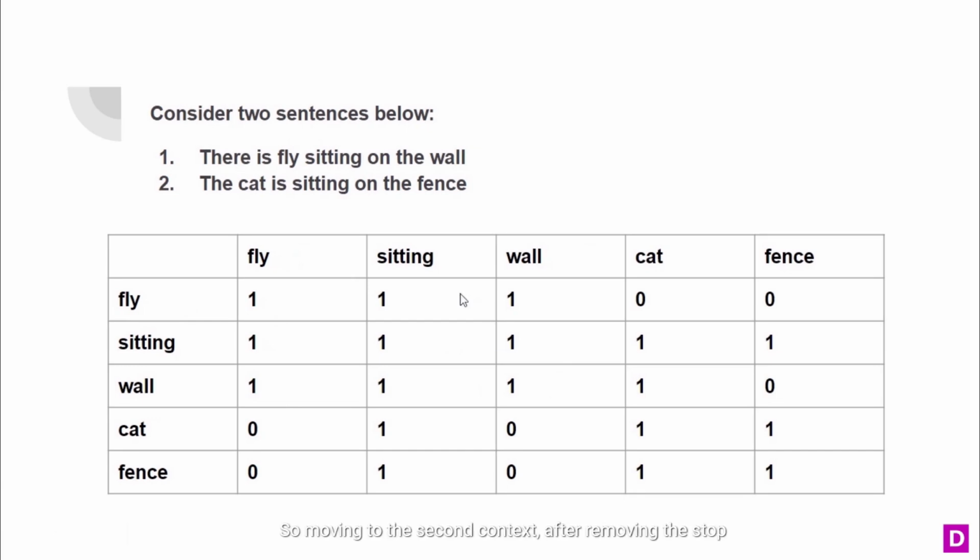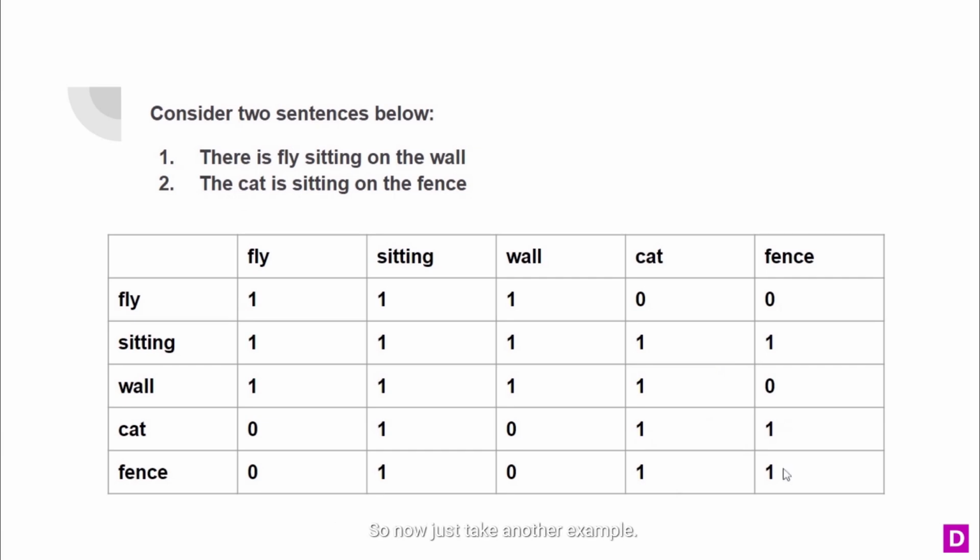Moving to the second context, after removing the stop words, we are left with cat, sitting and fence. Here we can clearly say that cat and fence co-occur in the given sentence. That's why the value for cat and fence is 1.